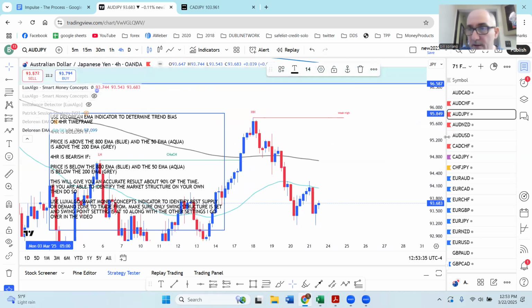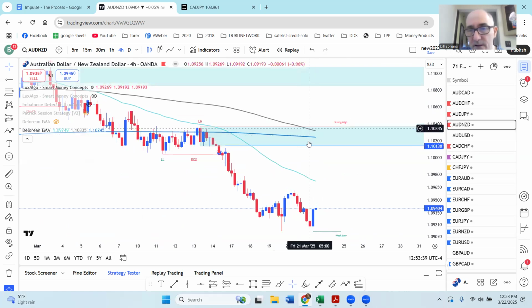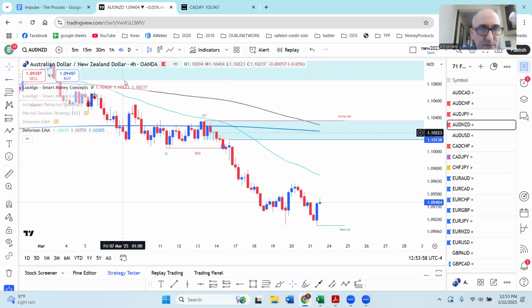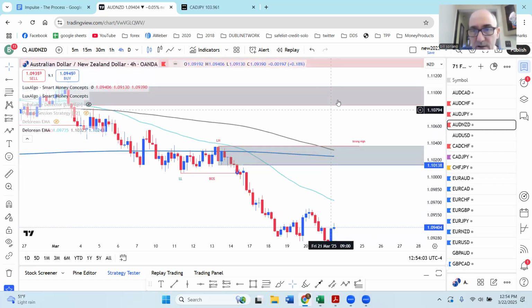AUDNZD, we can see price is below the 800, so the indicator lines aren't in sequence, but price is below the 800 and the aqua is below the gray, so that makes it bearish. The indicator is giving us this order block right here. Let me turn this on, so you can see when they look gray like that, and then there's our alert right there.